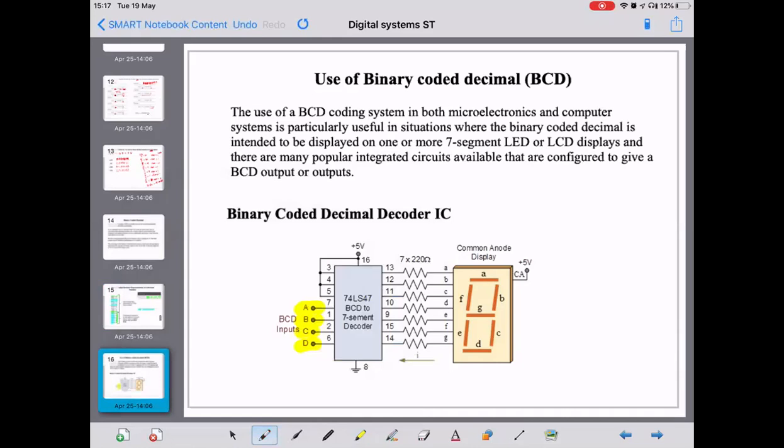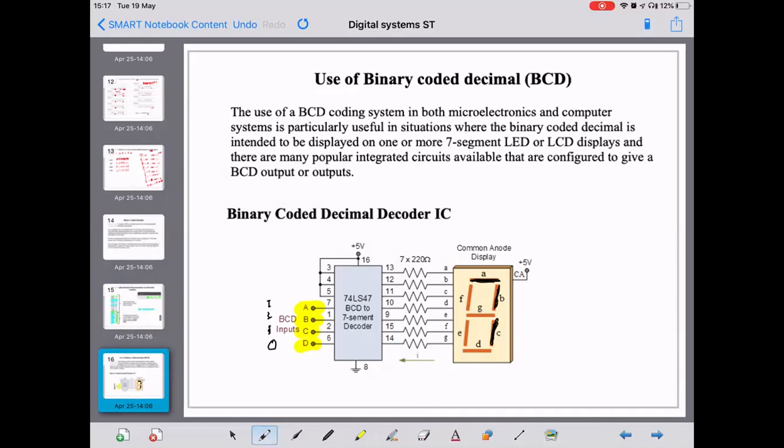So if we wanted to represent a number 7 on there, we'd need a 1 for the 4, a 1 in there, a 1 on there, and a 0 on there. That should help us to display the number. That one would light up, that one would light up, and that one would light up to display 7. We'll see how that works.